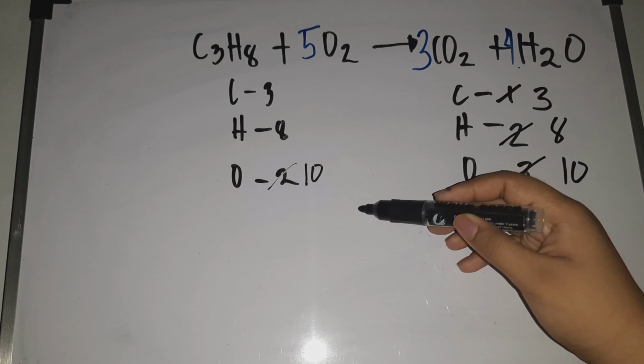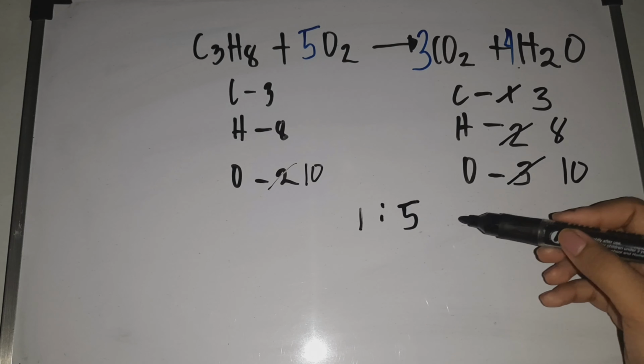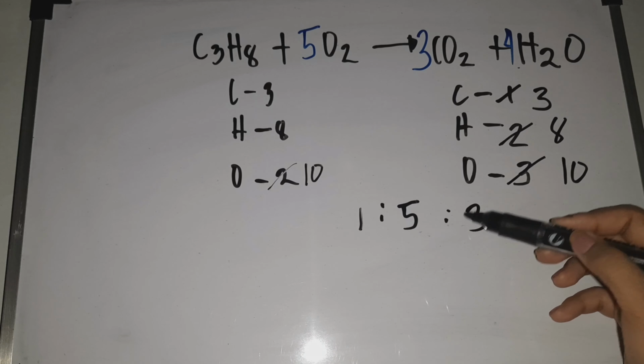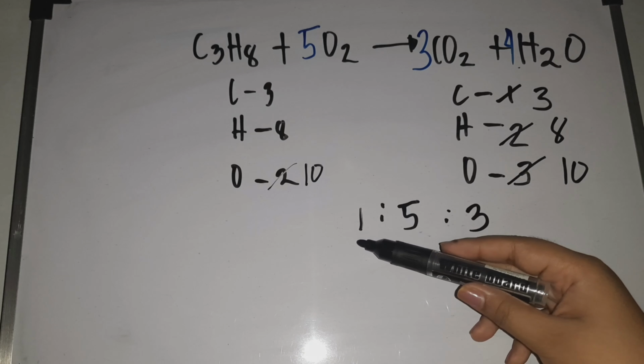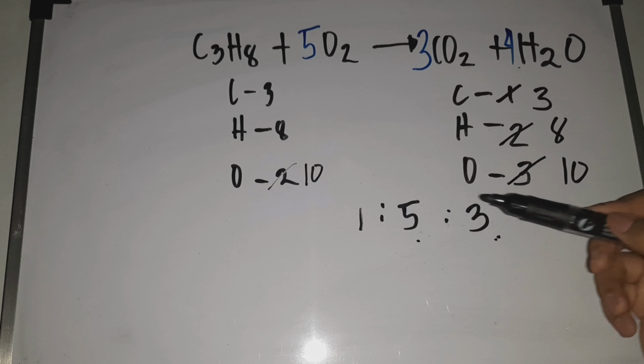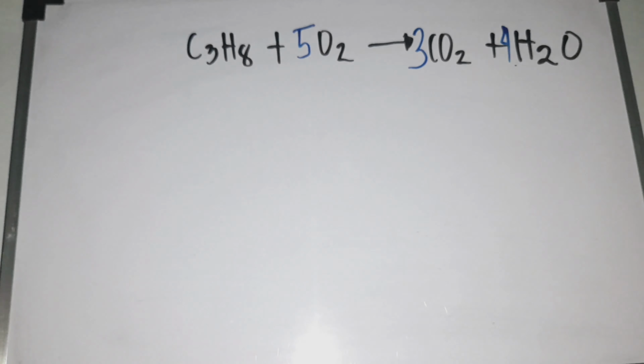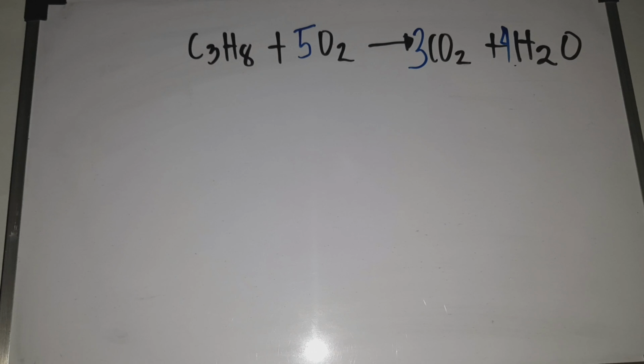We have 1 propane and 5 oxygen to 3 carbon dioxide. So in every 1 C3H8, we have 3 carbon dioxide. In every 5 oxygen, we have 3 carbon dioxide. There is an easy way in finding the limiting and excess reagent. The simplest way to determine the limiting and excess is by their own mole.